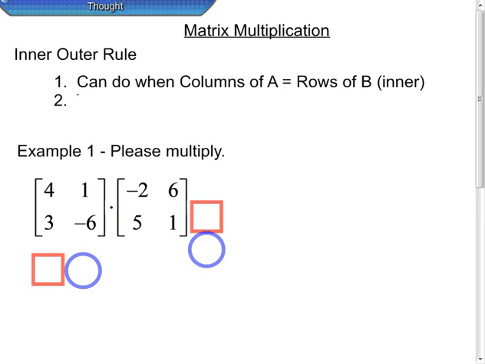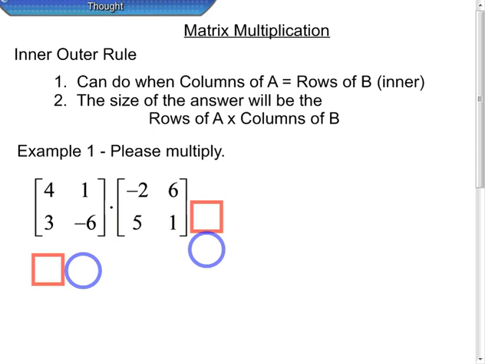Again, it's very wordy. What I draw for it in a second is going to take the place of this wordiness. So the next part of it is the size of the answer matrix will be the number of the rows of A by the number of the columns of B.